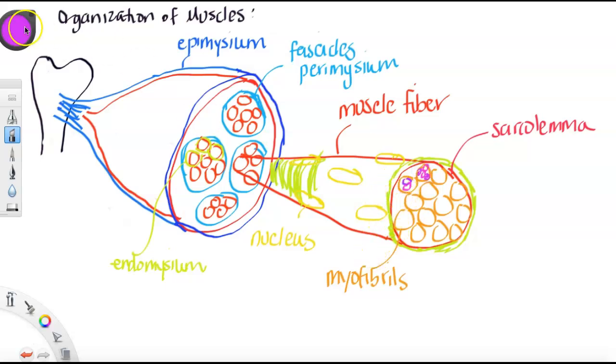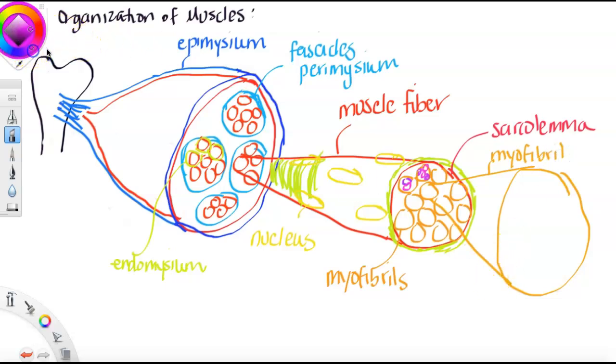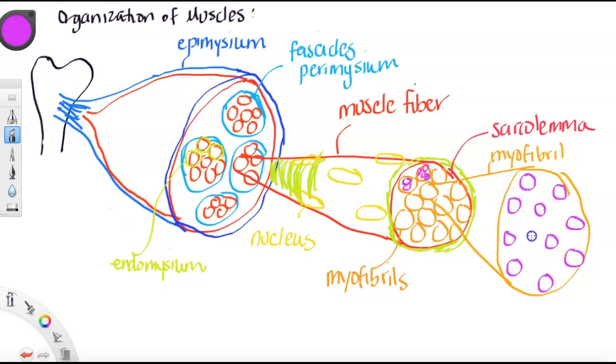Okay, so if we pull out a myofibril, so let's just pull one out and make it look bigger. So this is the myofibril. And inside of it are the filaments, the myofilaments, that allow for contraction.